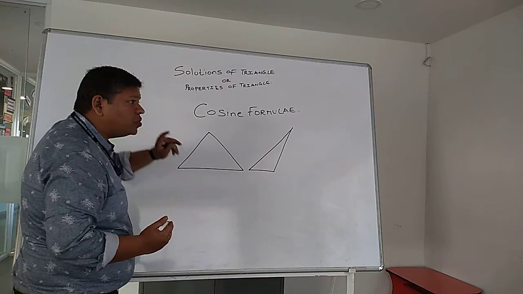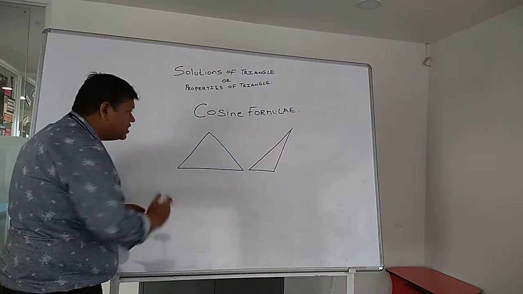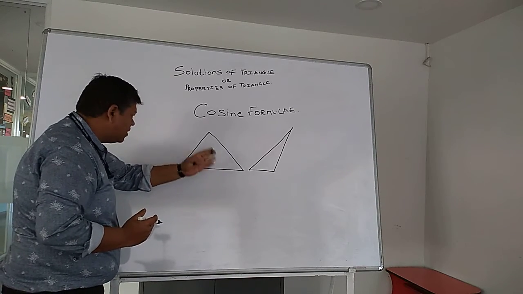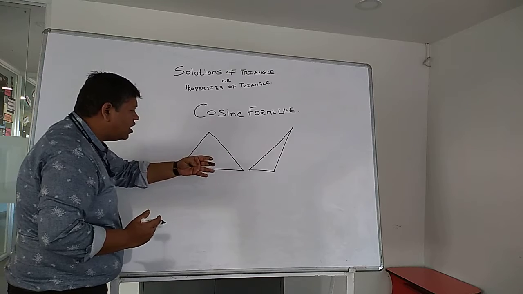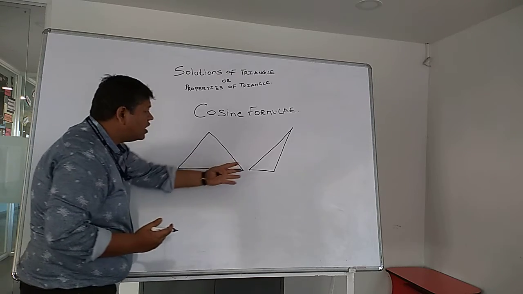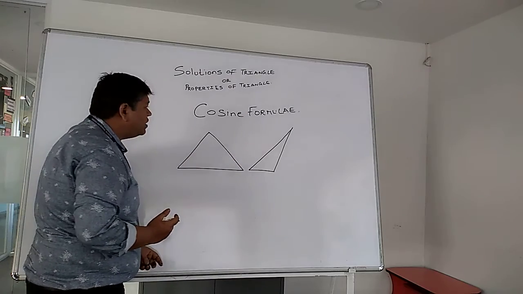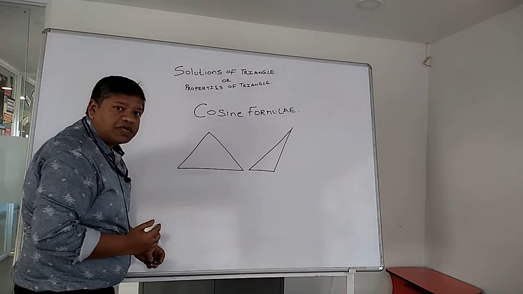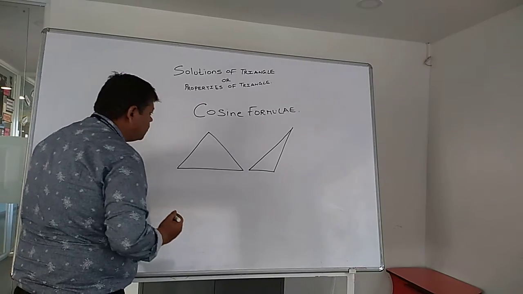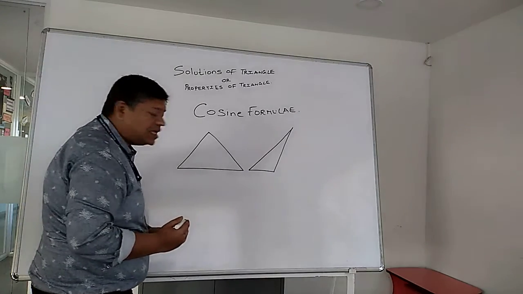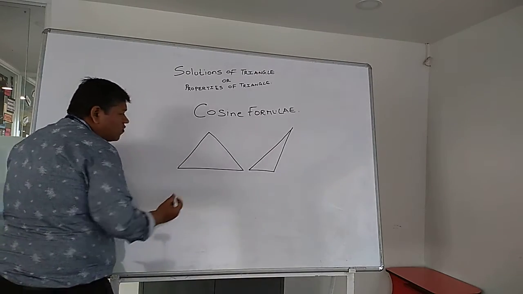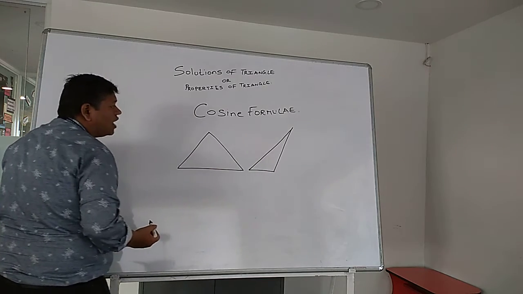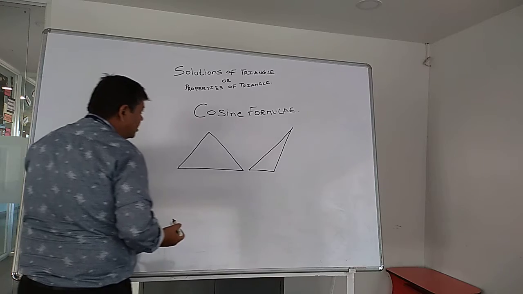Means, if you want to establish a relationship between the three sides and one angle of the given triangle, be it an acute angle triangle or an obtuse angle triangle, the relationship can be drawn from the cosine formula. I will derive the formula in front of you. First of all, we will see the cosine formula for an acute angle triangle, and then for an obtuse angle triangle.